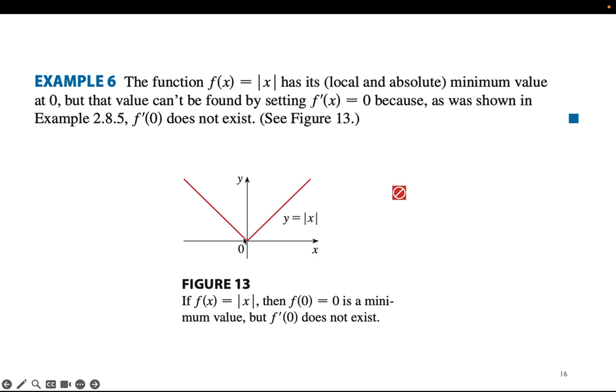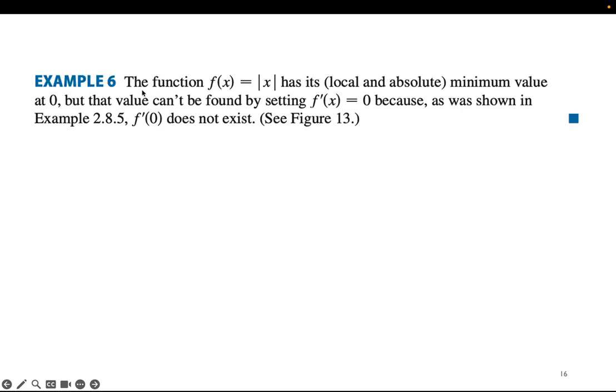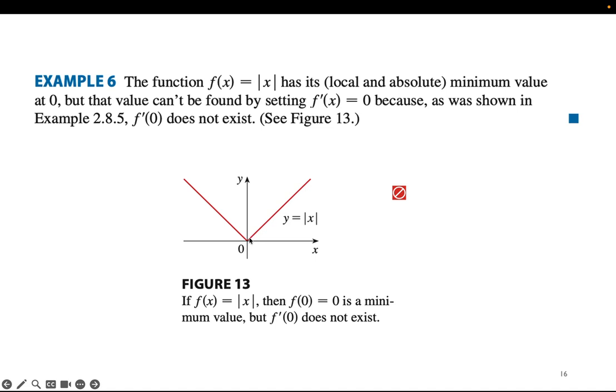This is a corner, so it's not differentiable. So just because you have a local max or min doesn't mean that f prime is 0. This just says that if it is a local max or min and f prime exists, then it must be 0. Right, so in this case f prime doesn't exist, but if it exists, it has to be 0.